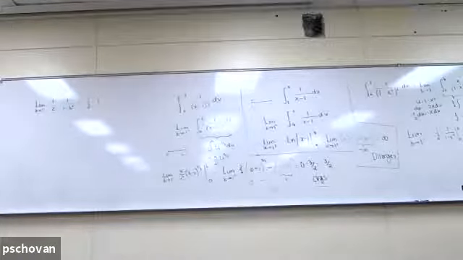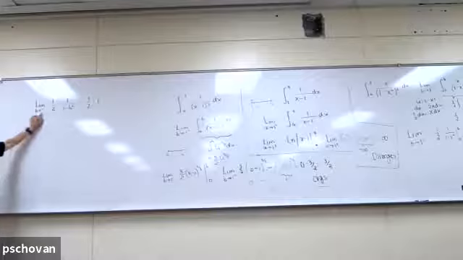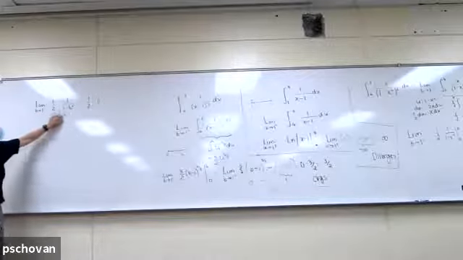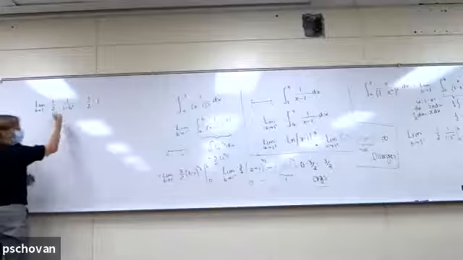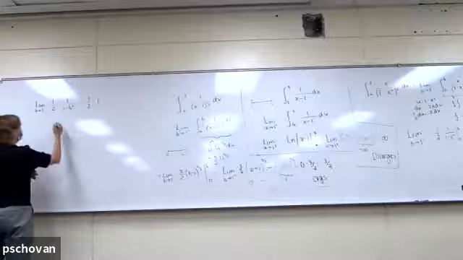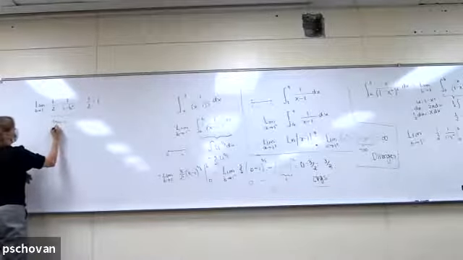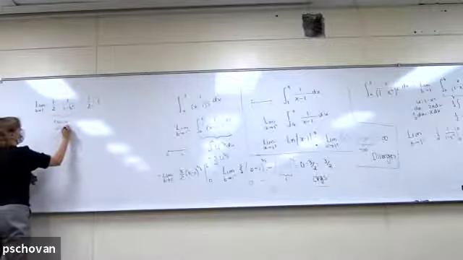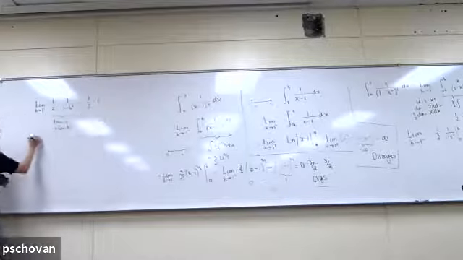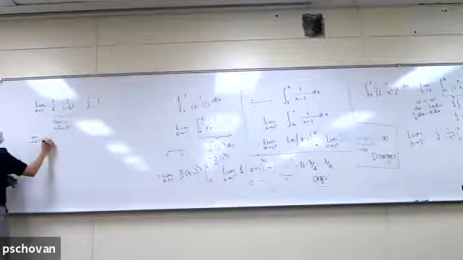So we still have the problem that I am dividing by 0 when I take my limit. Because this term is still in the denominator, 1 over 0 gets infinitely large. And that didn't do anything to it. So this integral diverges.